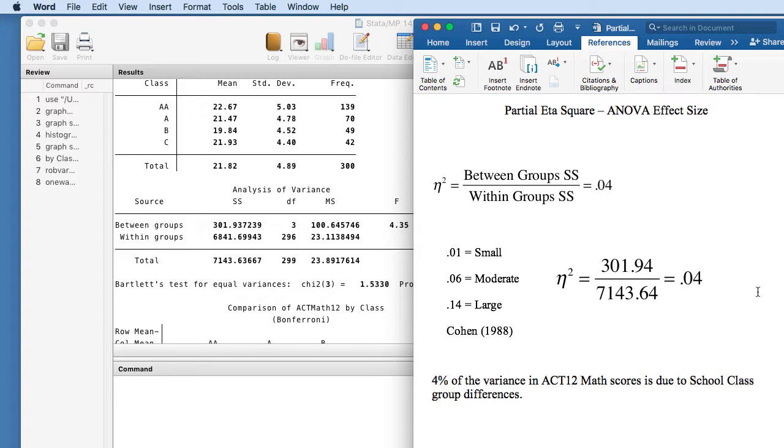So it's not a very large effect in this case. So those differences, I would say, are not very meaningful. Another way to interpret this effect size is we can say that 4% of the variance in ACT 12th grade math scores is due to school class group differences.